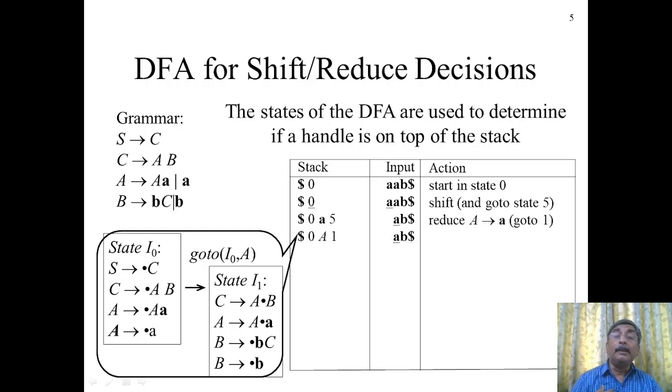So shifting an input symbol to the stack involves just one push and then one more push to push the current state into the stack. So only two pushes are required for completing a shift operation, but a reduction operation includes, number one, popping out from the stack the requisite number of symbols.